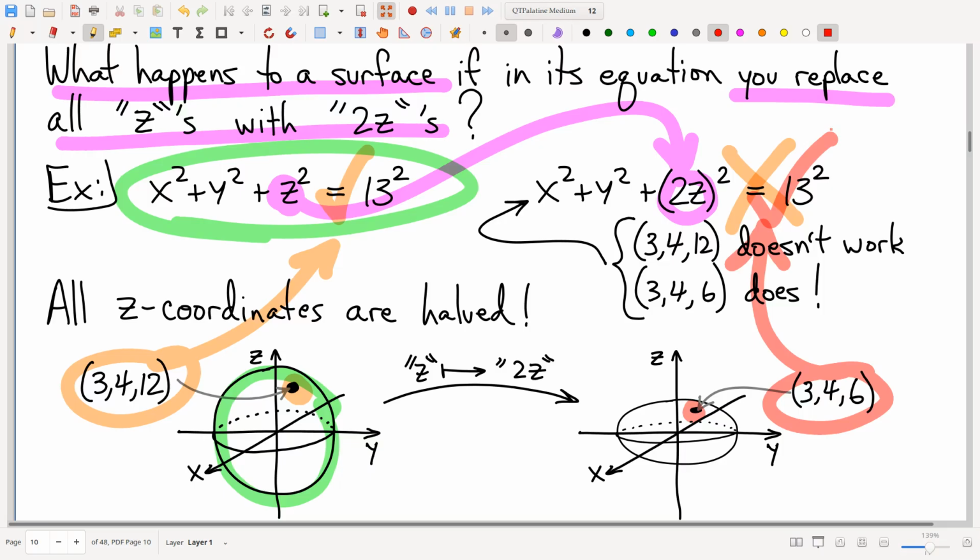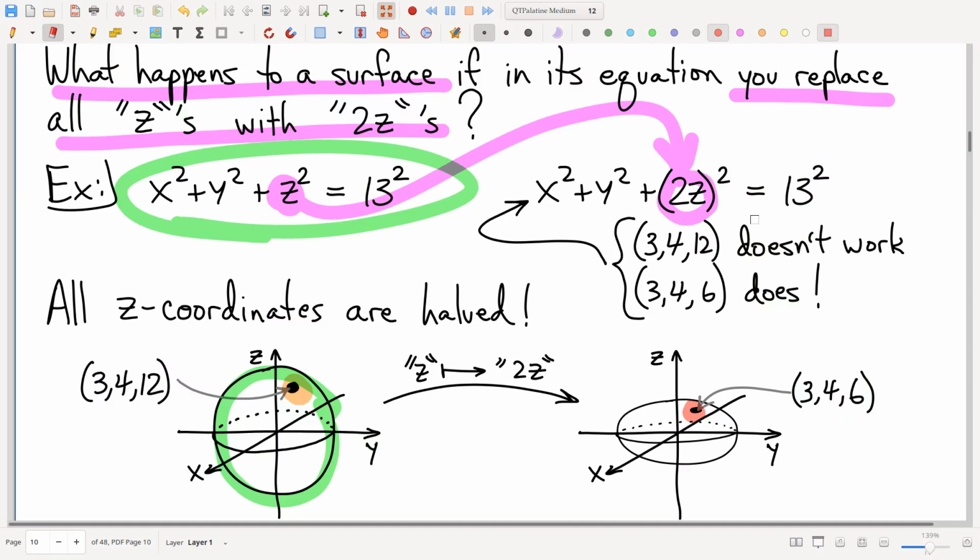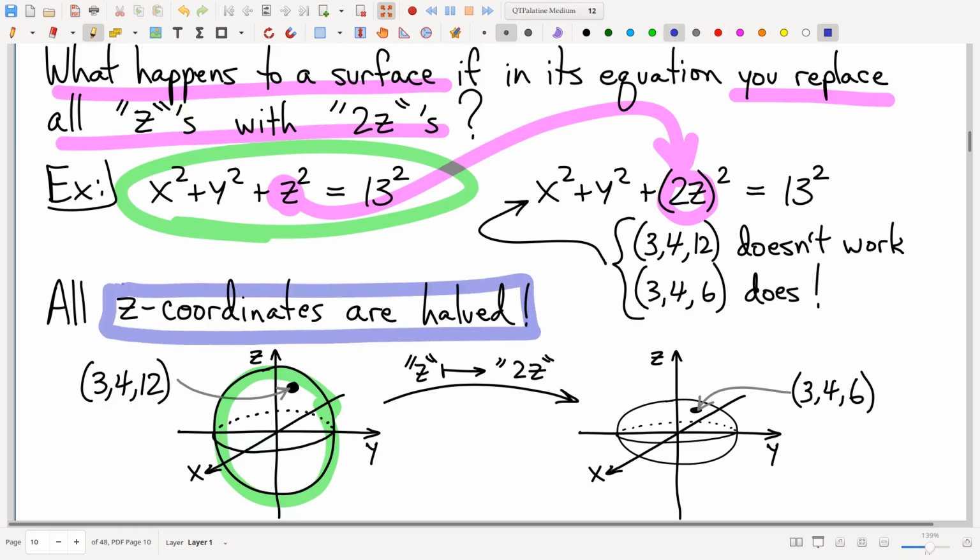Okay, so that's the nice effect, and let's see here. Let me get rid of the mess. The big conclusion is that all of my z coordinates get cut in half. Right, what had been a 12, I just turned that into a 6, and this gives me a one-to-one mapping of every point on the surface described by the original equation.